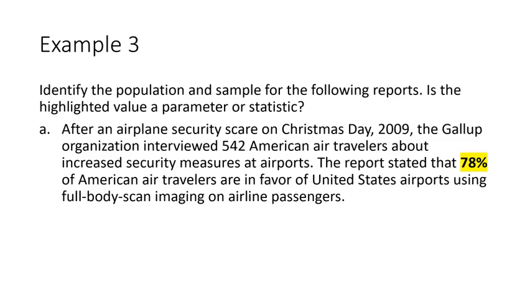The report stated that 78% of American air travelers are in favor of the United States airports using full body scan imaging on airline passengers. So who is our population? The population is American air travelers. That's who we focused in on.